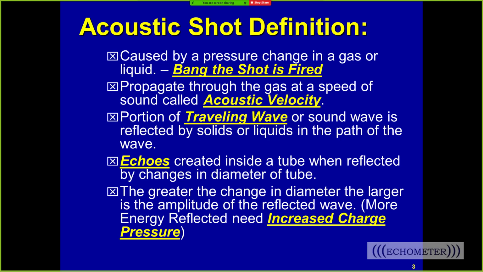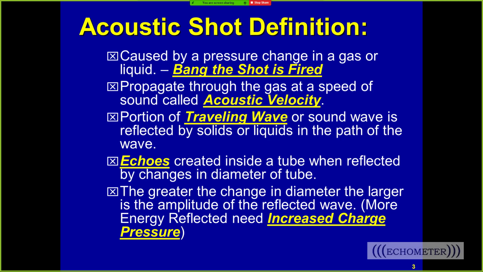And the shot, in effect, pushes on the gas at the surface, or pulls on the gas if it's an implosion shot. The pressure wave that is created, like a big hill of pressure, travels through the gas at the speed of sound. We call that acoustic velocity. So acoustic velocity means speed of sound, the speed the pressure wave travels through the gas, and that speed is controlled by the composition of the gas, the gas gravity, the pressure and the temperature.